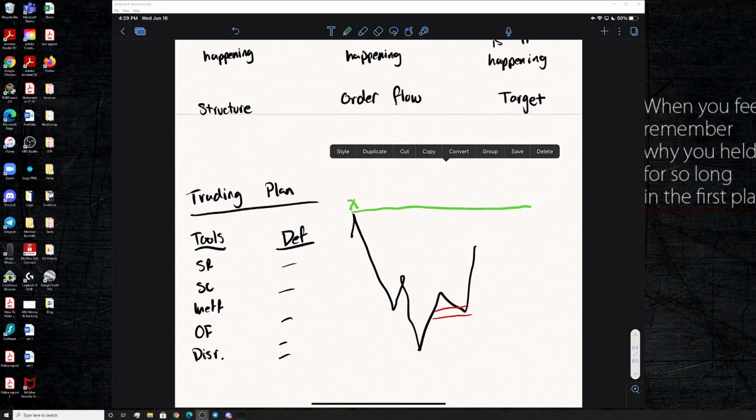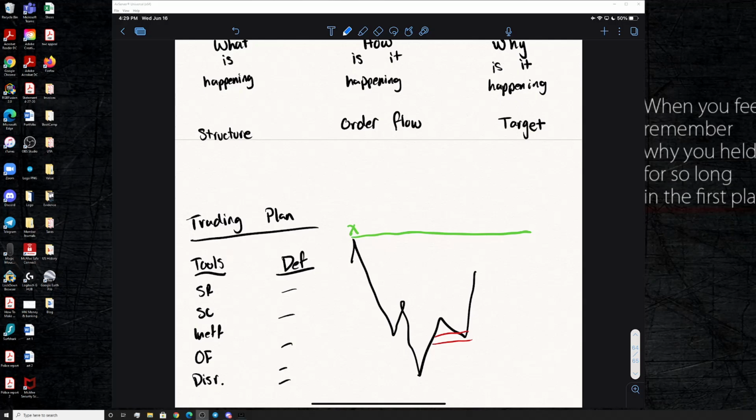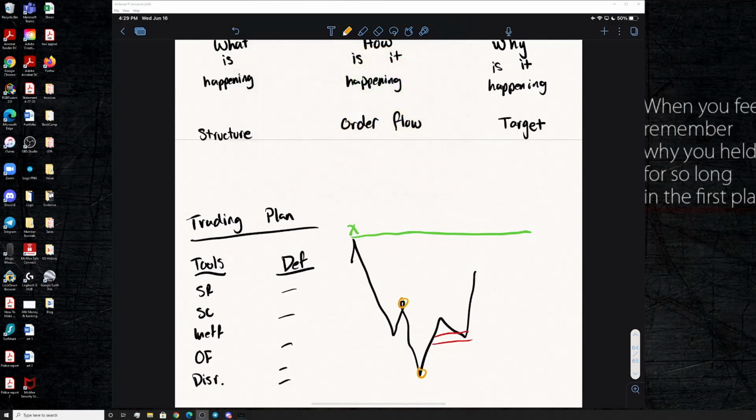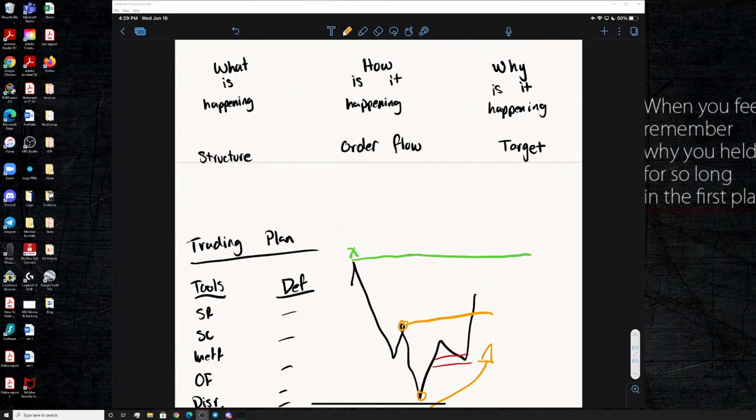Right, so I have a bias, which is bullish in this case. Why? Because structure is taken out, order flow is to the upside. What is happening? How is it happening? Why is it happening? Because we are looking for this target.